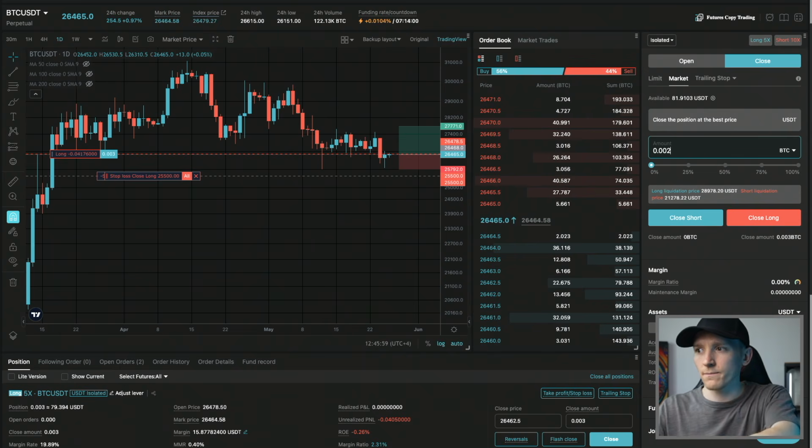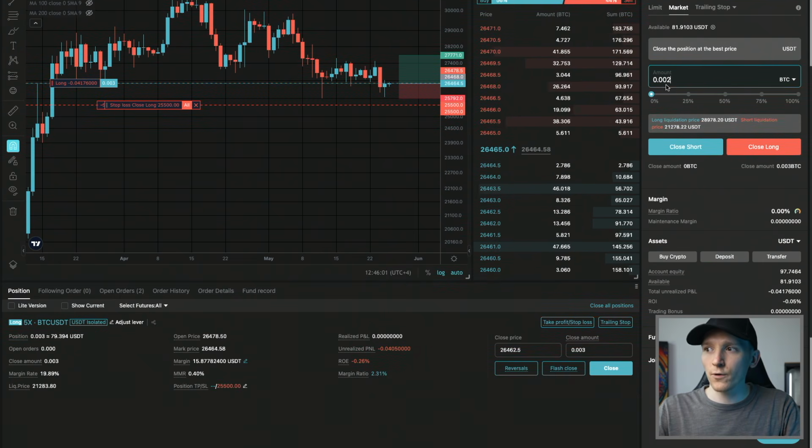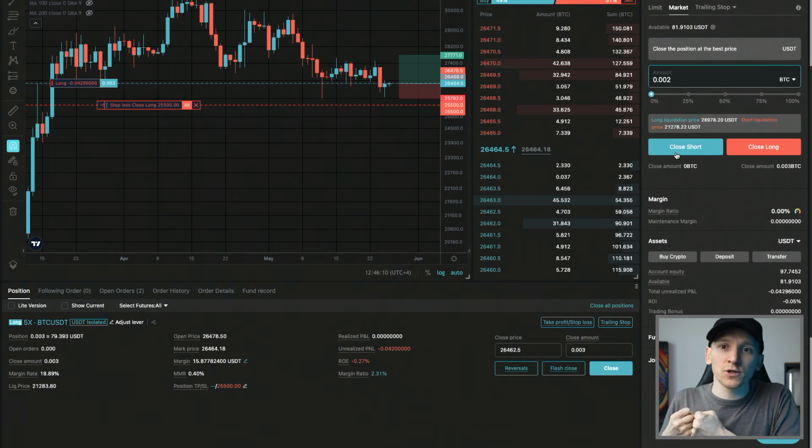So we could, let's say, 0.002. That would close 0.002 of the order. We have 0.003 in order size. What that does is just take the actual value of the order down, right? So our position size moves way down. If you're in profits, you might want to close 50% of the order to kind of take profit and position out of the order that you've got.